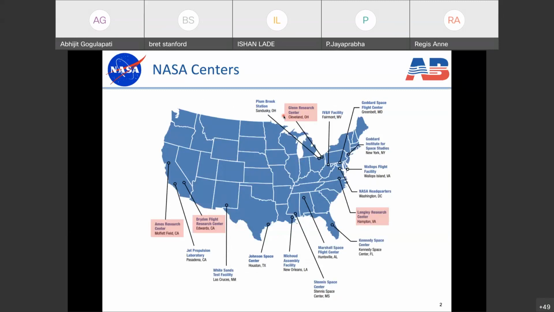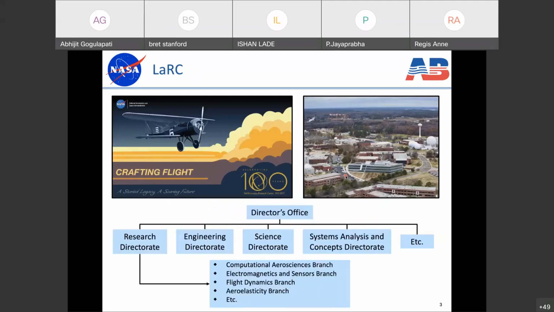I work for the agency in the States, at NASA, and NASA has various centers across the United States. But we only have 4 so-called research centers, 2 in California, 1 in Ohio, and 1 in Virginia, which is where I work at Langley Research Center. Langley Research Center has a strong focus on aeronautics.